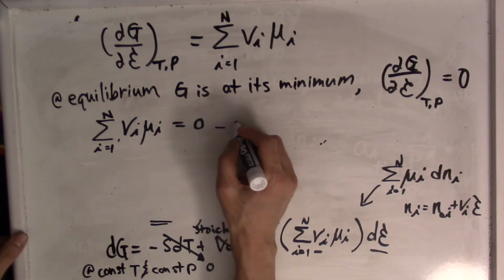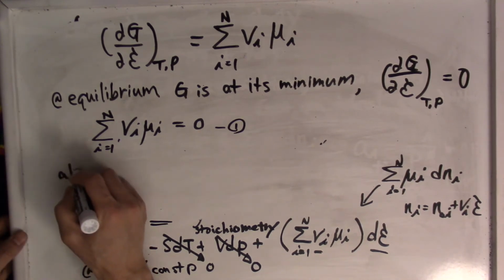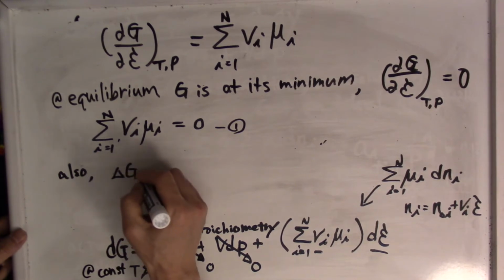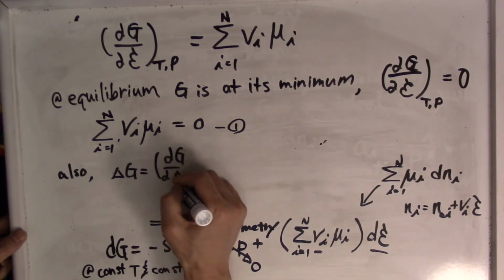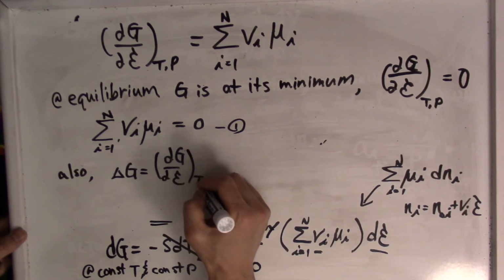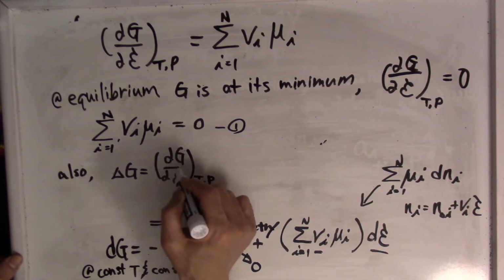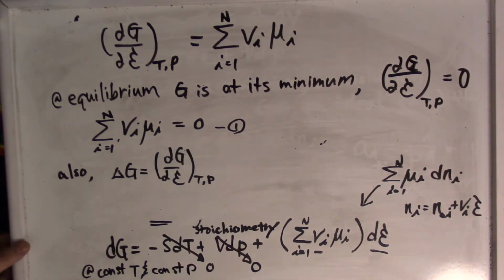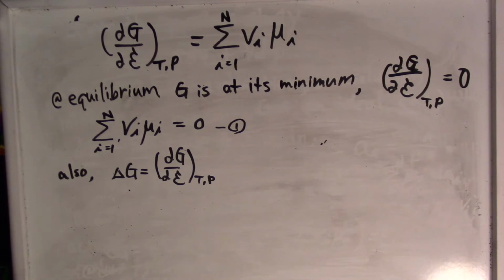We call this equation 1 for the time being, right? And also, by the way, we already know that delta G is dG over the extent of reaction, while T and P is held constant, because that's the delta G, the change in G with respect to the change in the extent of reaction, how far the reaction is going, right?